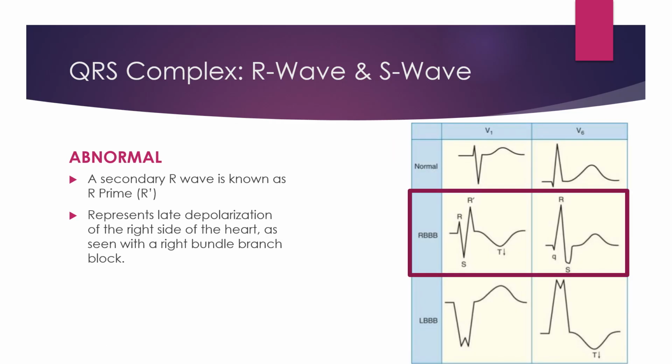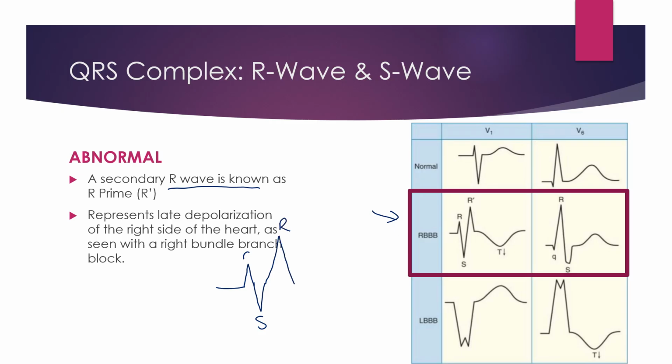All right, things that are abnormal, okay? A secondary R wave. We said any positive deflection of a QRS complex is an R wave. So you'll see in this picture right here, where I've got this box, you have a positive deflection of the QRS complex, which makes it an R, a negative deflection following it, which is an S, and then you have another positive deflection, which is an R, okay?